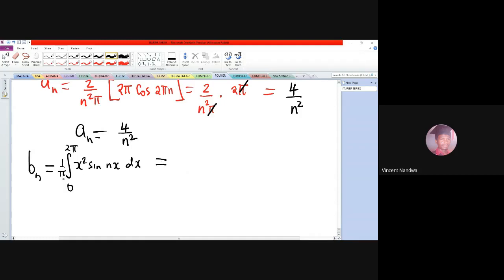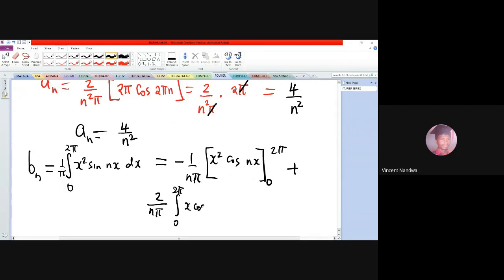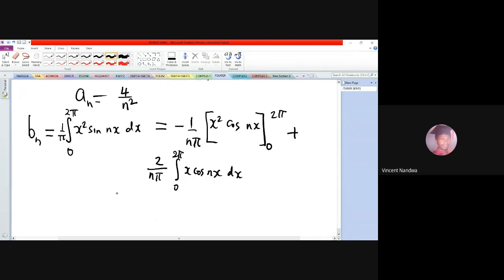And when you do that, like what you've done for an, you get minus 1 over n pi, and then x squared cosine nx, putting in the limits 0 to 2 pi, and then plus 2 over n pi, integral from 0 to 2 pi of x cos nx dx. So we are just applying integration by parts.